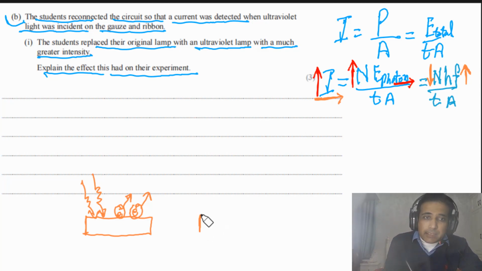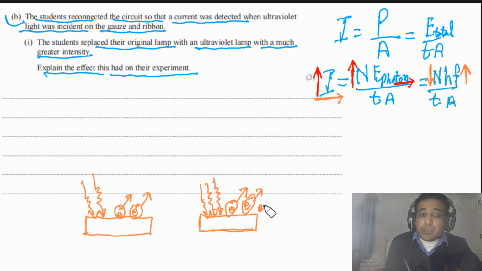In the second case, when the intensity has increased but we use the same light, now we can imagine, let's say, 3 photons are coming, or you can say 4 photons are coming. If 3 photons are coming, the maximum number of photoelectrons emitted from the surface can be 3 but not more than that. So this means higher intensity.